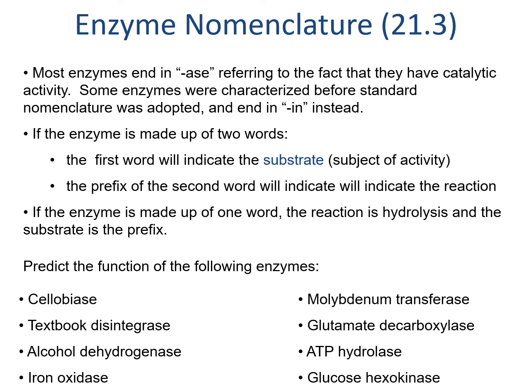This works whether or not the enzyme is something you know, or if it's something completely unique. So for example, textbook disintegrase, the reaction would be a disintegration. It might disintegrate your textbook. We don't actually need to know anything about the enzyme to know what its function is. We only need to know its name.